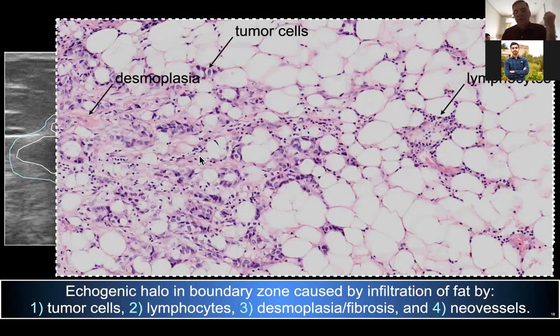But the important thing is every single case of these thick echogenic rims that I looked at contained microscopic tumor. There is microscopic tumor within the echogenic rim, and for purposes of staging, ACR Ultrasound BI-RADS got it wrong. They said the echogenic rim is not part of the lesion. That's absolutely not correct. It is part of the lesion because there's always microscopic tumor in the thick echogenic rim.